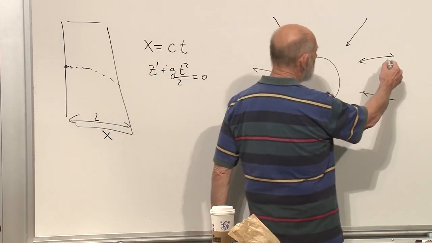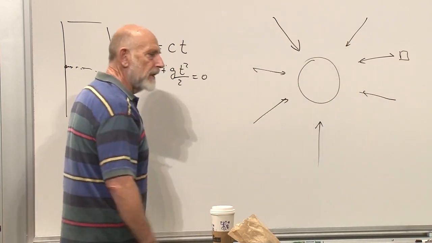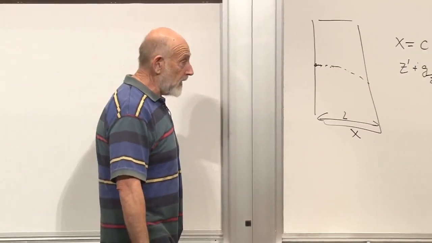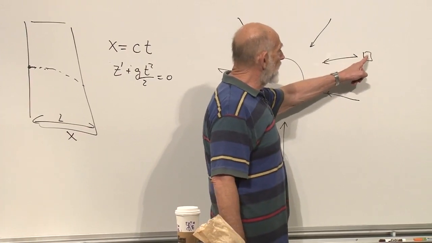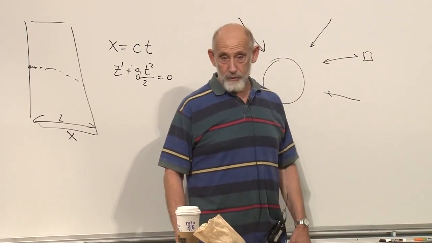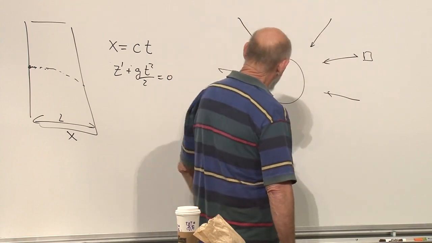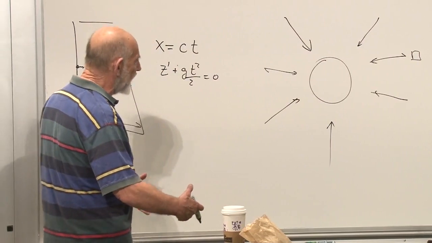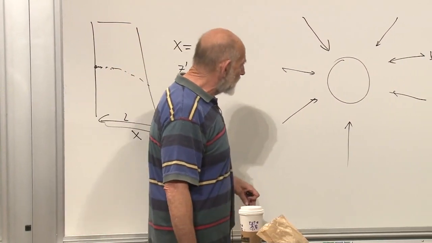Yes, if you're in a small laboratory here, and that laboratory is allowed to simply fall toward the sun, or whatever it happens to be, then you will think in that laboratory that there is no gravitational field. But there is no way globally to introduce a coordinate transformation which is going to get rid of the fact that there's a gravitational field pointing inward toward the center.